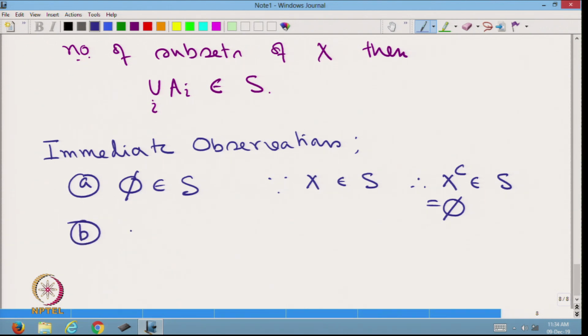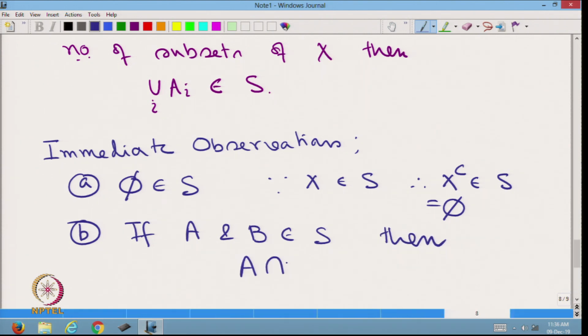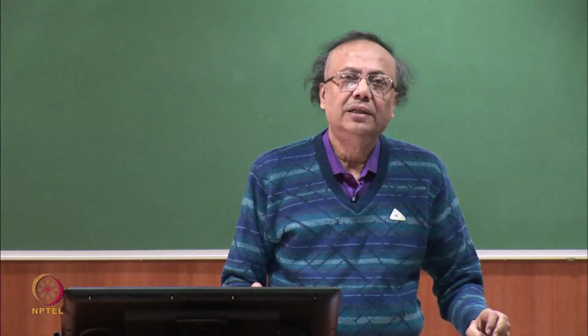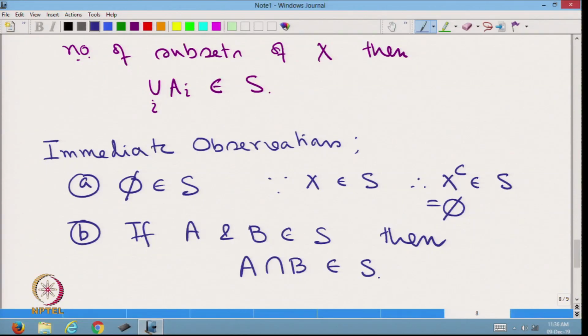B. If A and B belong to S, then A intersection B belongs to S. This is not so obvious, because we have talked about union, but here we are saying that A intersection B is also a member of S.